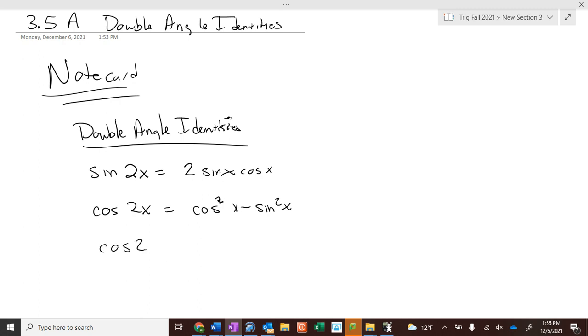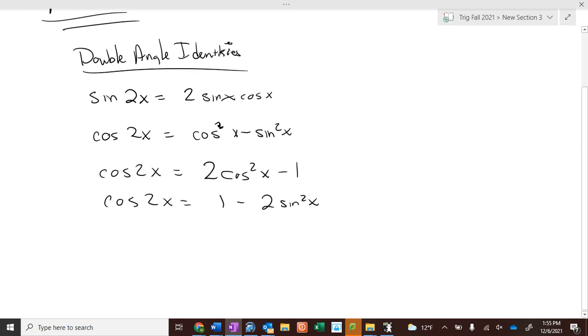We could say it's 2 cosine squared of x minus 1. Or we could say it's 1 minus 2 sine squared of x. And the tangent of 2x is 2 tangent of x over 1 minus tangent squared of x.